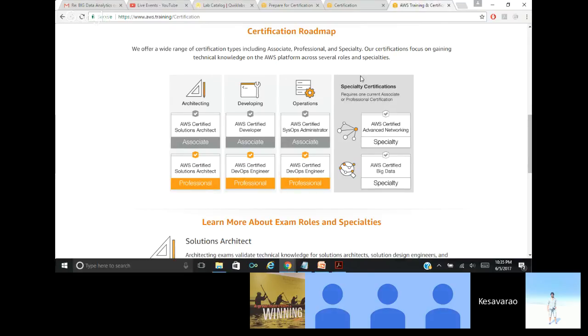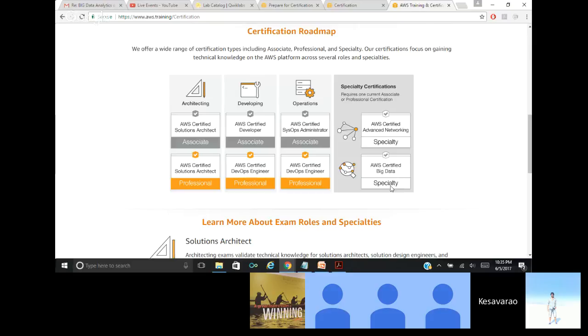Okay, and you see the side thing, the specialty certifications. This is where our focus is, AWS Certified Big Data Specialty. Some people go for advanced networking specialty. That's more on the operations side and networking side stuff. But I think our focus should be on AWS Certified Big Data Specialty, because that's where our interest is.